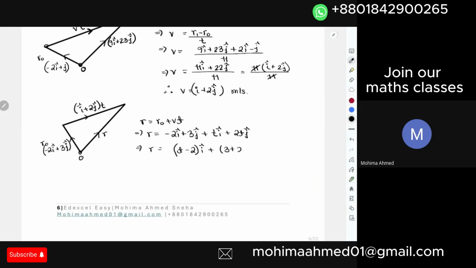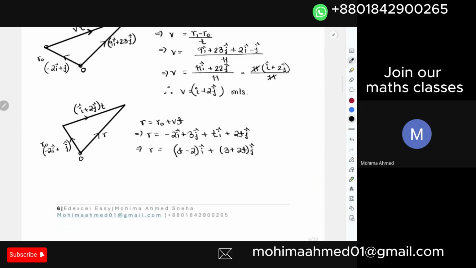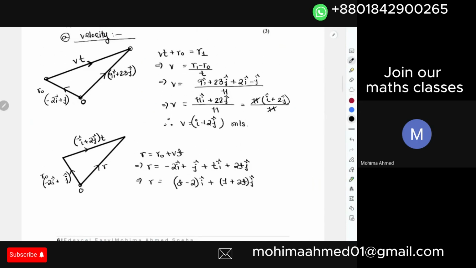And then 3 plus 2t j, and this is the expression. T minus 2, 2t plus 3. Oh, sorry, this was not 3. This was just 1. Sorry. So it will be 1 plus 2t. Right, this is it.